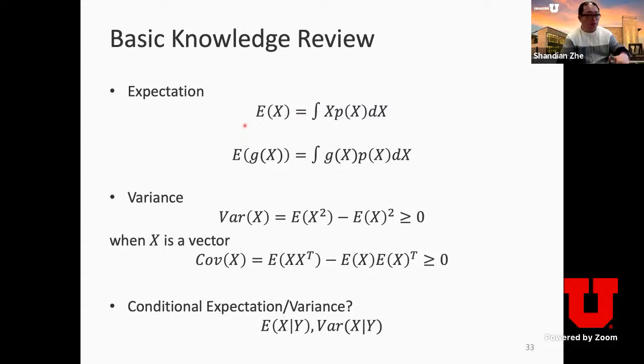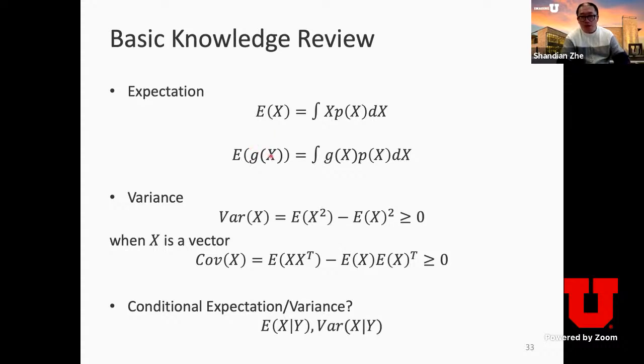And the expectation can be extended to functions of random variables, right? So if I have a function g, then g of x is another random variable. Remember, if the input of a function is a random variable, then the function is a random variable as well.